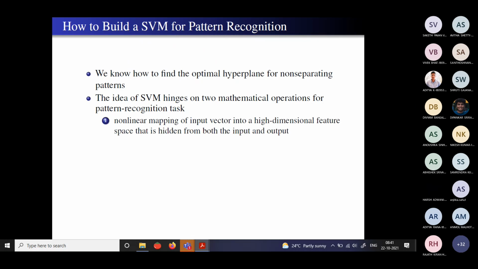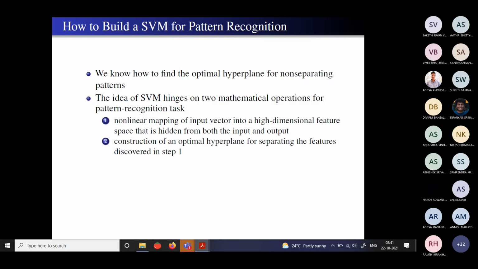First is nonlinear mapping of an input vector into a high-dimensional feature space that is hidden from both the input and the output. This looks very similar to what Cover's theorem states, which we completed in the last module on radial basis function networks.